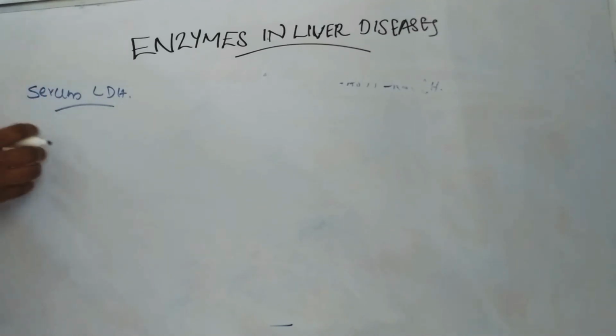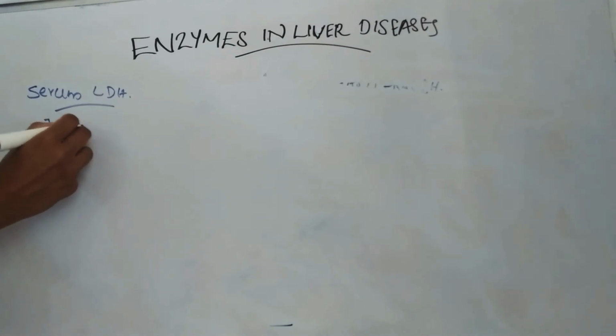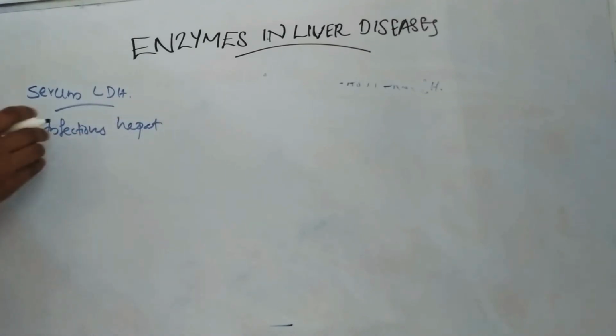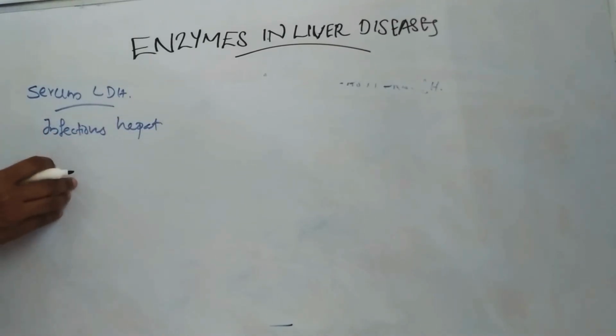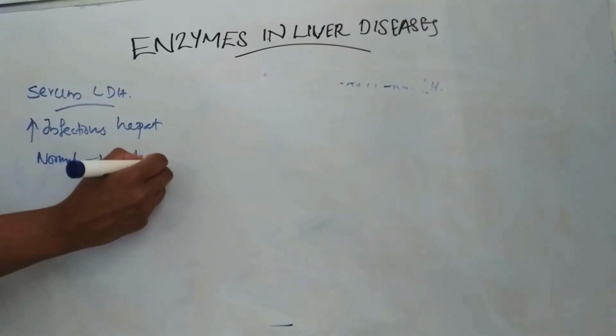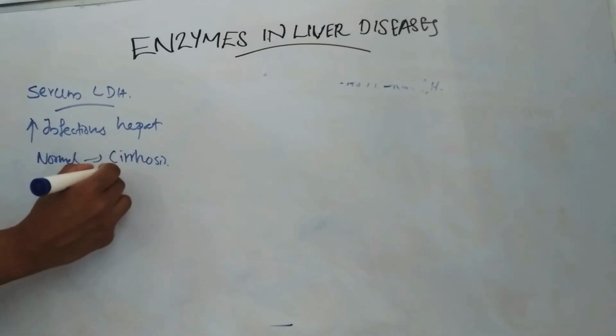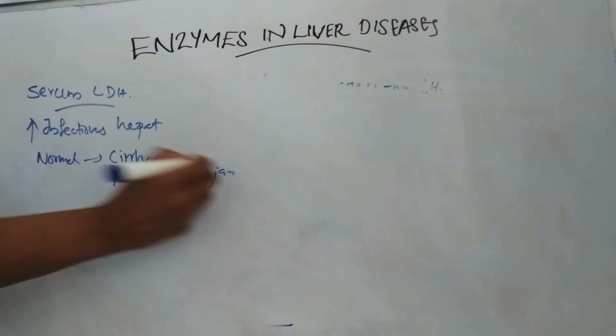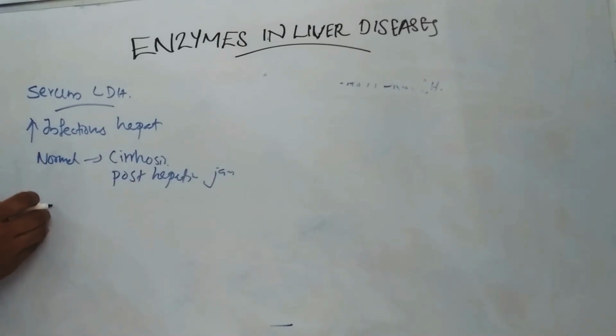Then normal results are seen in cirrhosis of liver and in post-hepatic jaundice. That is serum LDH.